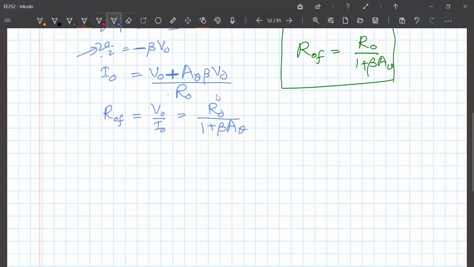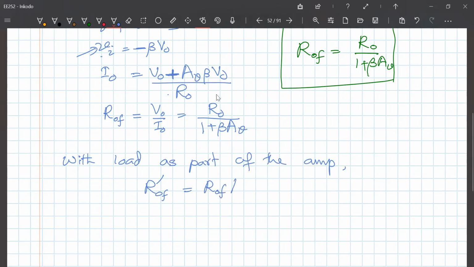Now, if you load it, if the load is not infinity, with the load as part of the amplifier, R out f dash will be equal to R out f in parallel with R load. That's as simple as that.